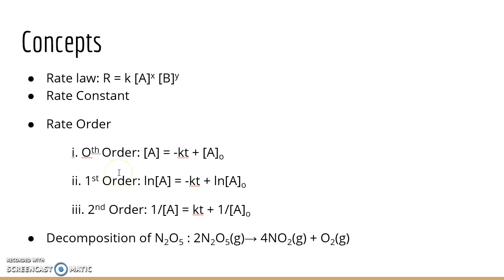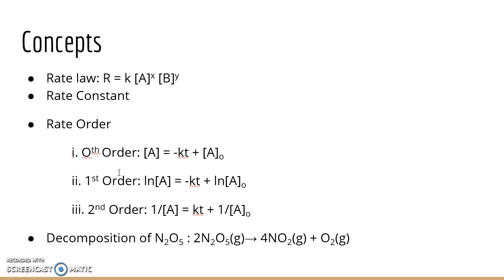For zero order, [A] equals negative kt plus [A]0. First order is natural log of [A] equals negative kt plus natural log of [A]0. Second order, 1 over [A] equals kt plus 1 over [A]0.